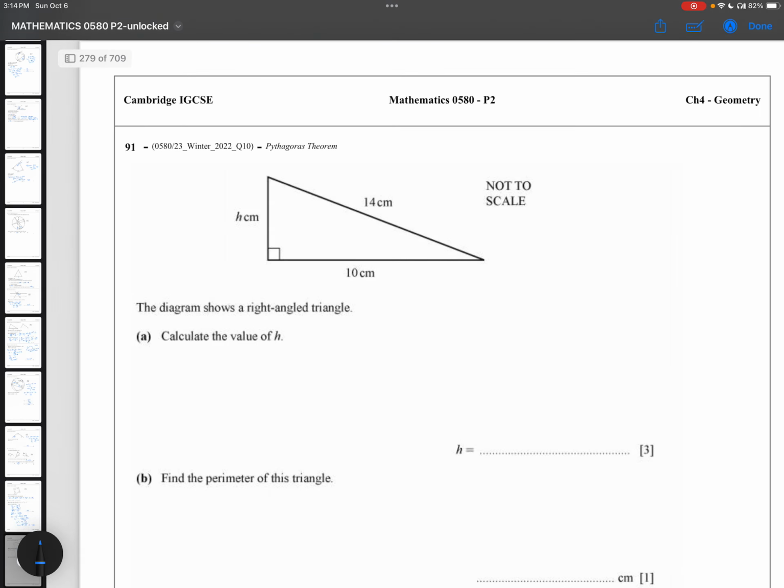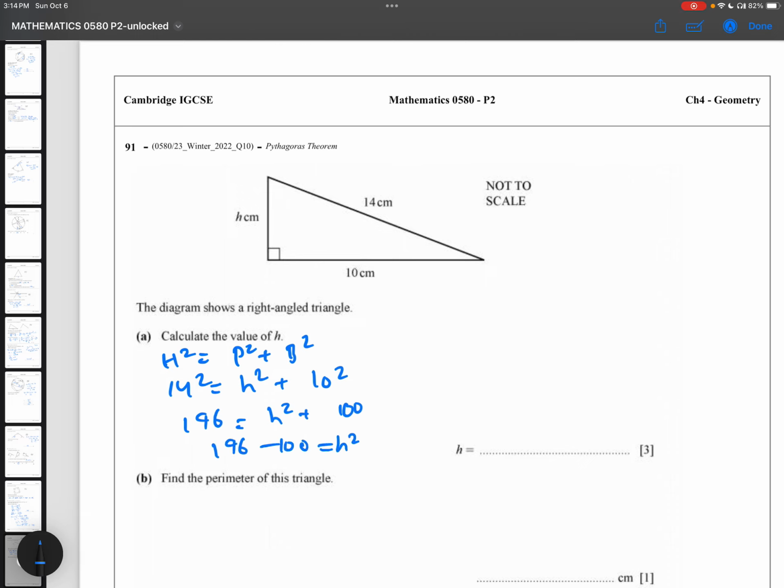Let's move to question number 91. This diagram shows a right angle triangle. We need to calculate the value of h. Very easy. We'll be using Pythagoras theorem, that is hypotenuse square is equal to perpendicular square plus base square. So 14 square is equal to perpendicular, which is height h, square plus base 10 square. So 14 square is 196 is equal to h square plus square of 10, which is 100. 196 minus 100 is equal to h square.